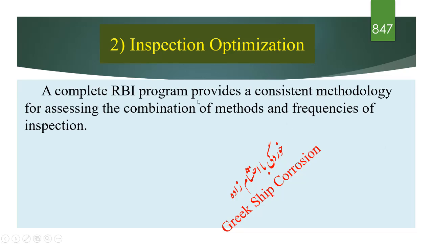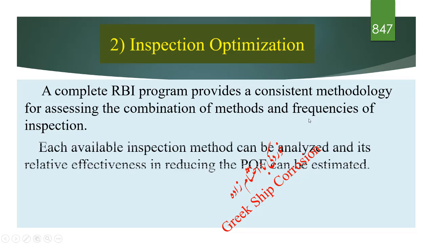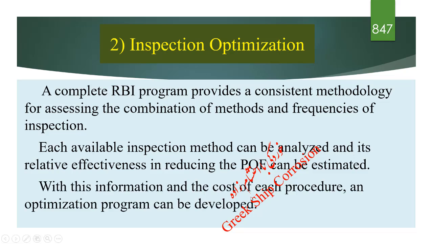A complete RBI program provides a consistent methodology for assessing the combination of methods and frequencies of inspection. Each available inspection method can be analyzed and its relative effectiveness in reducing the POF can be estimated. With this information and the cost of each procedure, an optimization program can be developed.